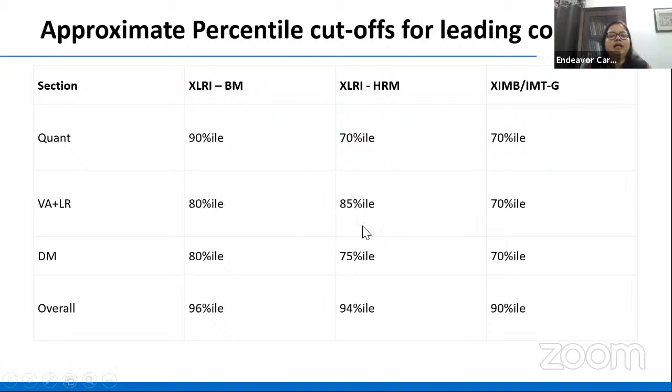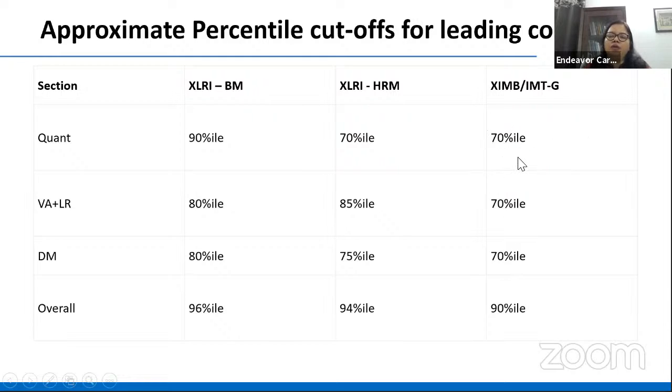Remember that your sectional cutoff of verbal for XLRI HRM has to be higher. It is an 85 percentile that is expected, whereas VALR for BM could be just an 80 percentile and above. VALR for other colleges is just 70, and so is the expectation for other sectionals too.